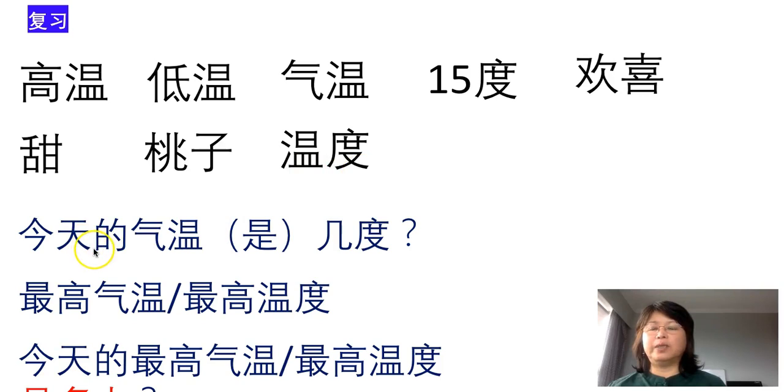The sentences we learn on this list are 今天的气温是几度 or we can skip 是 so you can say 今天的气温几度 or 多少度. So what is the temperature for today? And the highest temperature, that's 最高气温 or 最高温度.